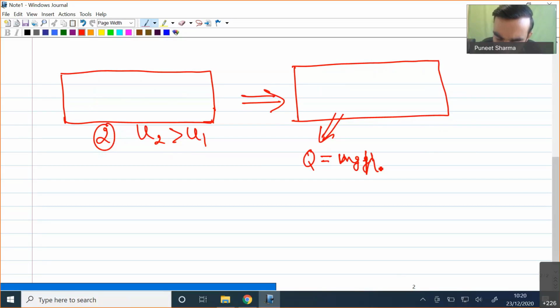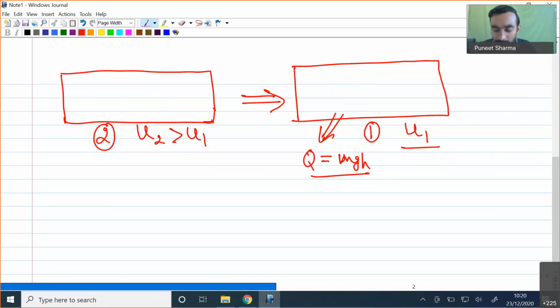If this Q amount of heat goes out of the system, equivalent to the work done on the system, we will once again reach the thermodynamic state where the internal energy of the medium is equal to U1.